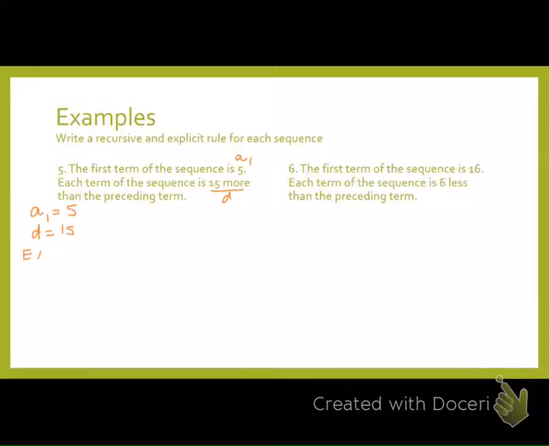So, Miguel, you are going to write the explicit formula for me. Good. Plus n minus 1, and then 15. So then we distribute. So a sub n equals negative 10 plus 15n.